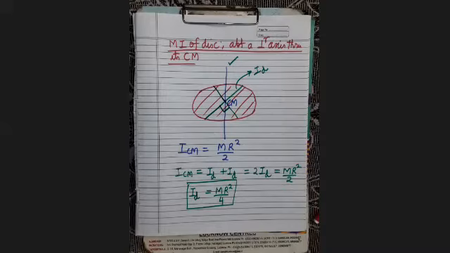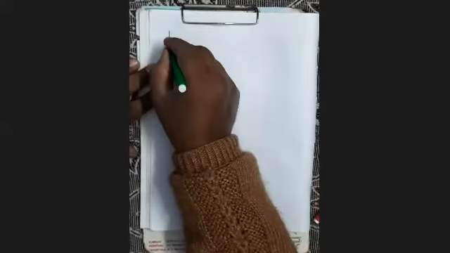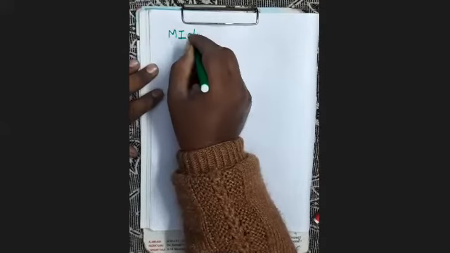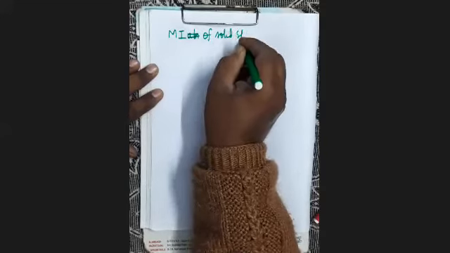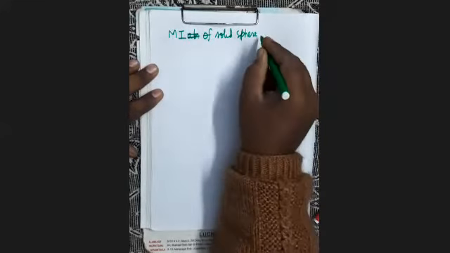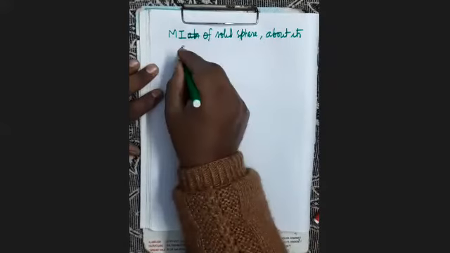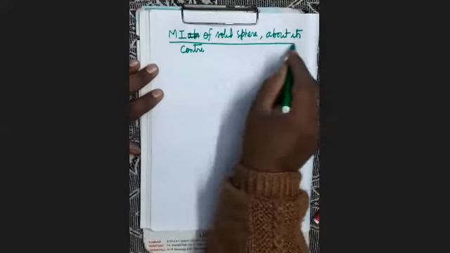After this, MI of the solid sphere. MI about a solid sphere, about its center. Center, or we can say center of mass also, anything you can say.